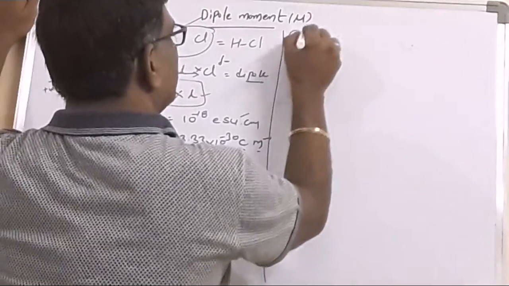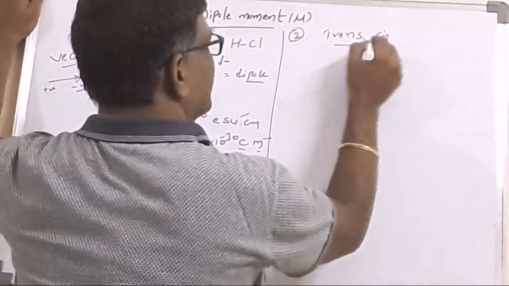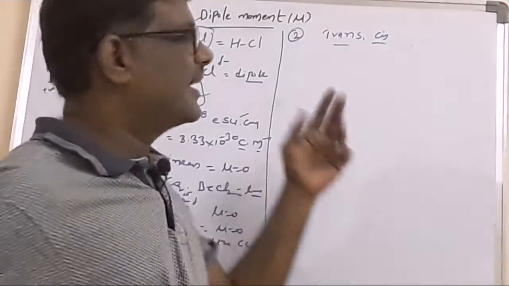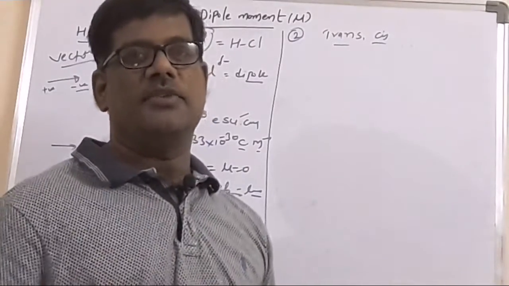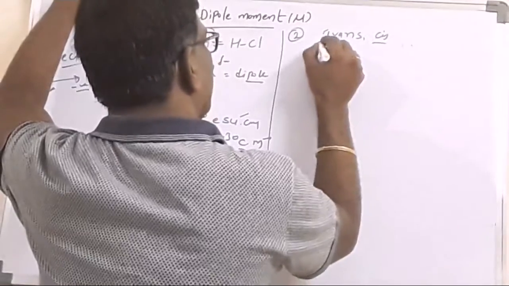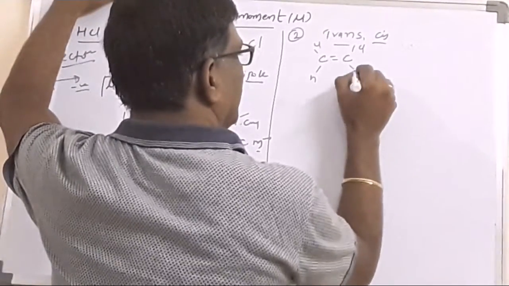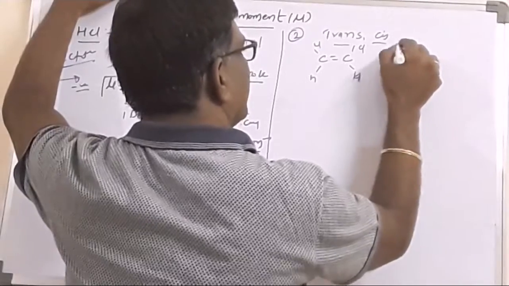Number 2, the trans and cis molecules. What are trans and cis? In organic chemistry, whenever you have a double bond, let us take one molecule like this, and the same molecule like this. Observe the difference.